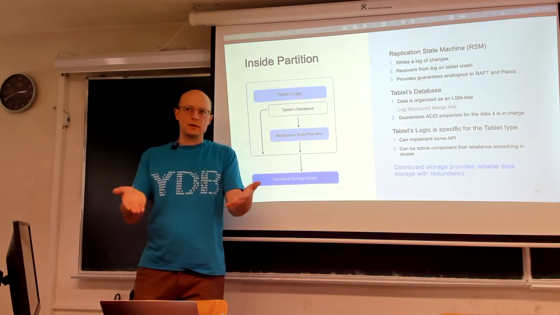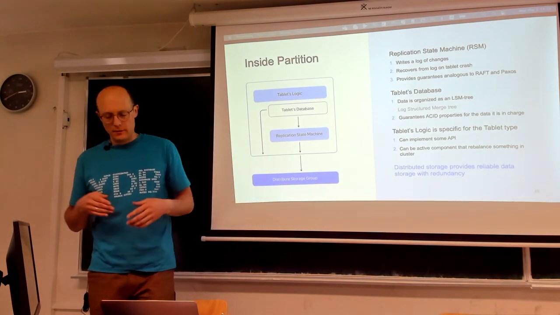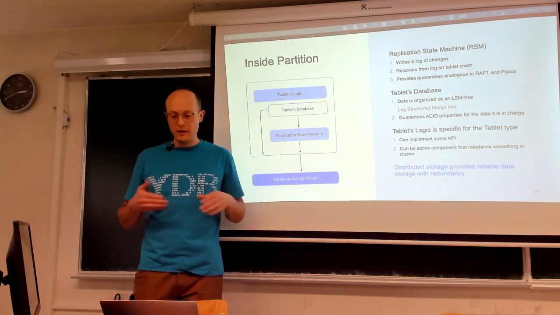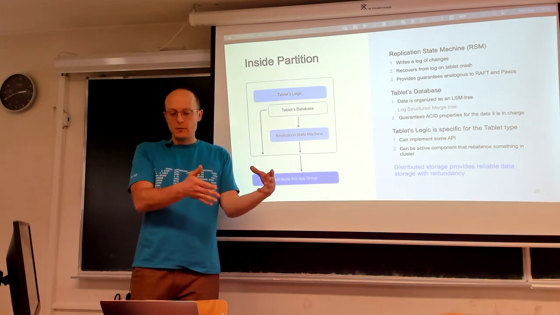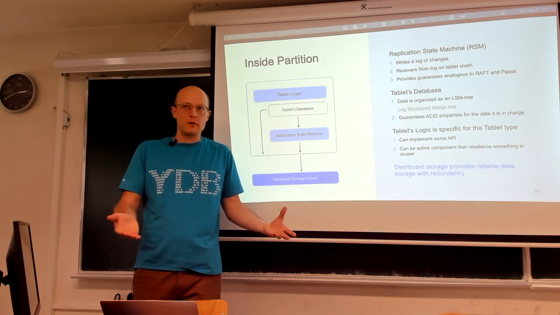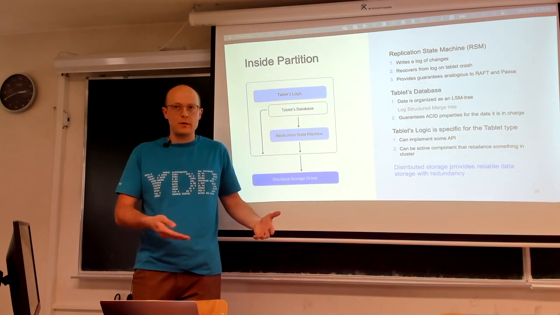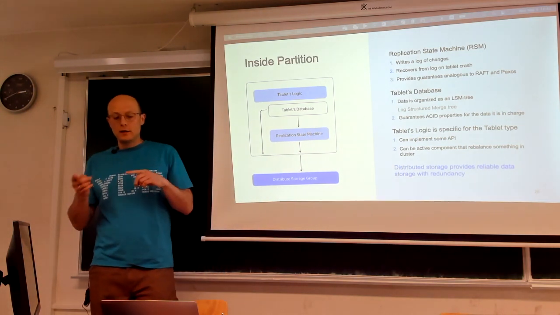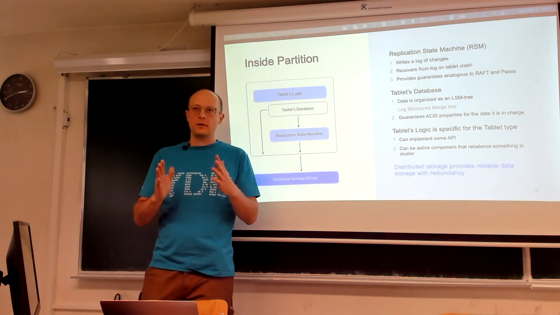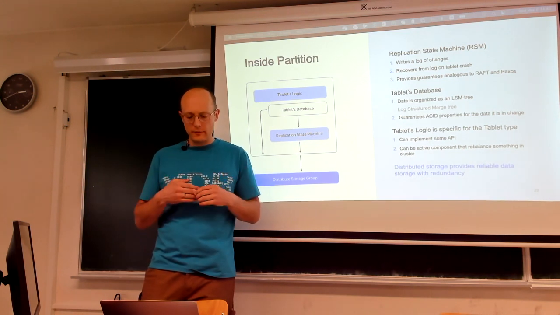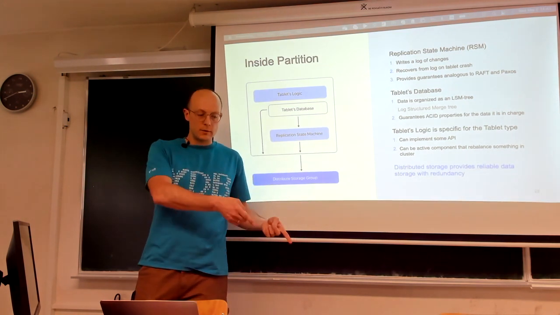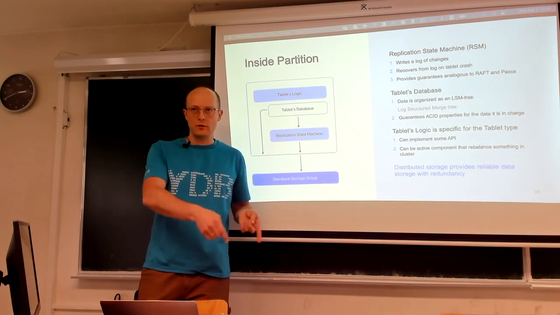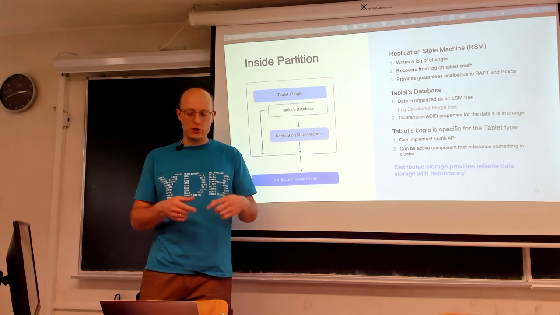When it launches on a compute node, it just reads the data. So there is a system tablet, which launches other tablets. The system tablet is launched the other way, but I think we don't have to cover this. So when a tablet is launched on any compute node, it knows nothing about the table structure or data it has written in blob storage and so on. It gets the identifier from the Hive, which is a starting system for the tablets, and then it goes to distributed storage and asks to block all the previous generations of this tablet, which are less than its generation.